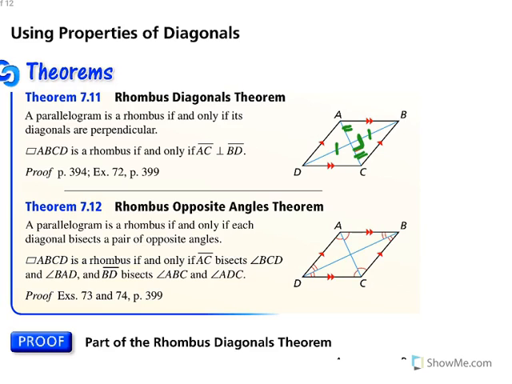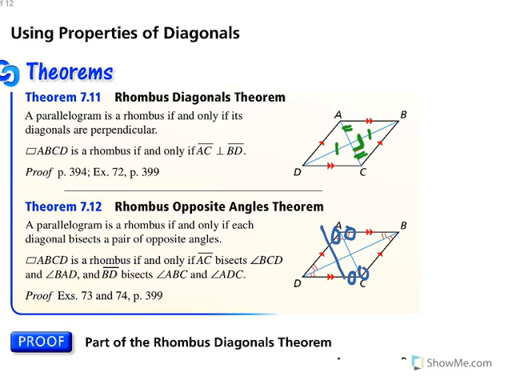Also, the rhombus opposite angles theorem. A parallelogram is a rhombus if and only if each diagonal bisects a pair of opposite angles. So, if you take a look at this picture, okay, A is split up into two congruent angles, and C is also split up into two congruent angles.